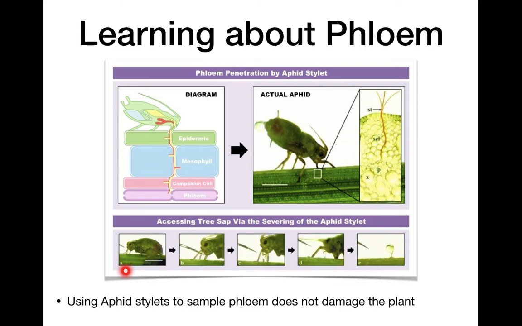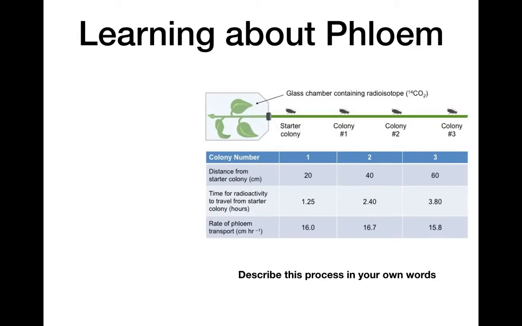So they put an aphid here, and once the aphid was all the way in, they would cut the aphid stylet here with scissors, and that leaves almost like a needle allowing phloem to come out. So they get a sample of the phloem without actually harming the plant. They do harm the aphid though.